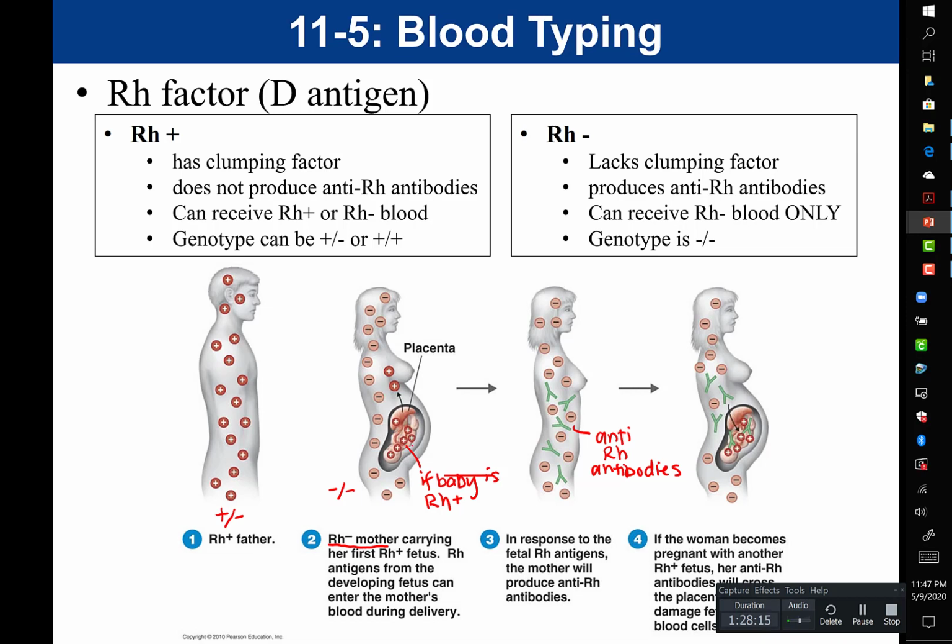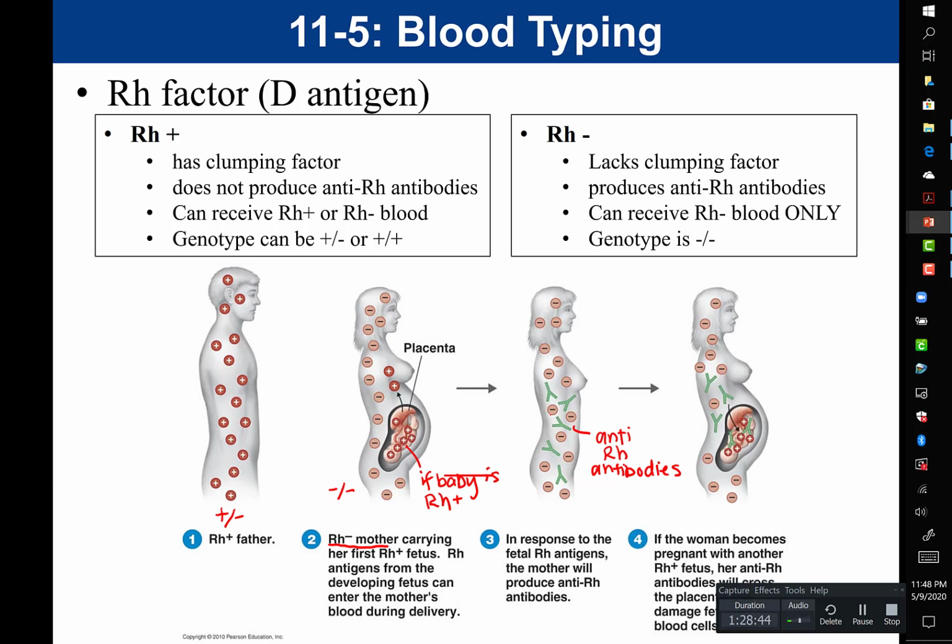So if mom has already been exposed to the Rh positive blood, she is going to make anti-Rh antibodies. When mom's body responds to an immune response and has been challenged with an antigen, that's going to initiate memory cells that remember that Rh antigen.